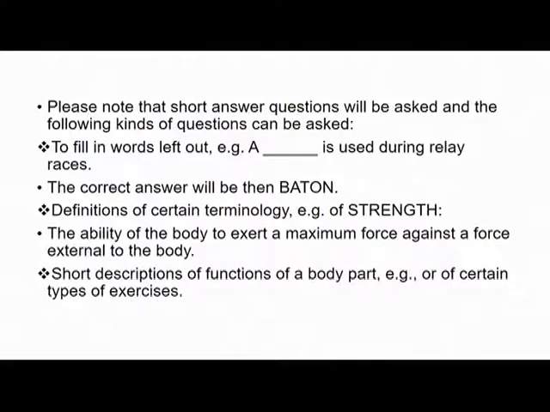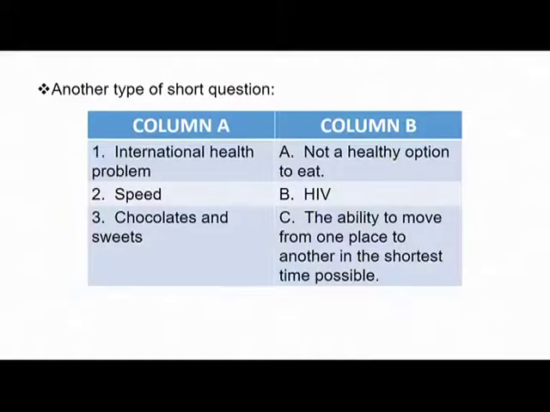And please note also that short answer questions will be asked and the following kinds can be asked: to fill in words and definitions of certain terminology. And then also another type of short question is where you get two columns, column A and B. In column A, there are some facts like international health problem, speed, chocolates and sweets.